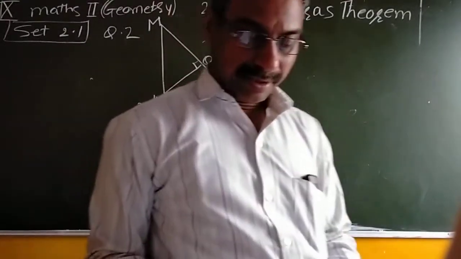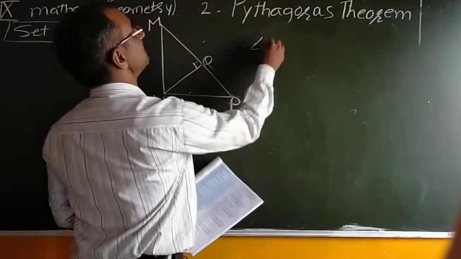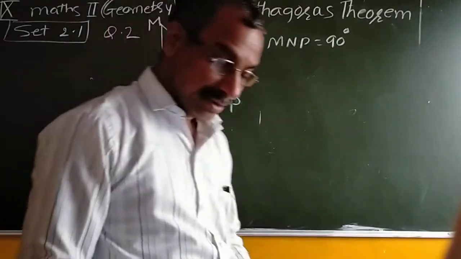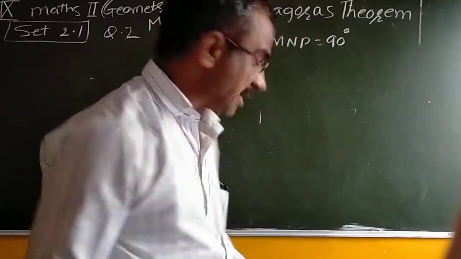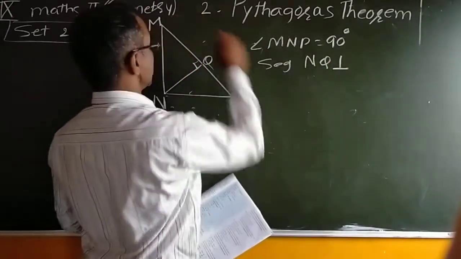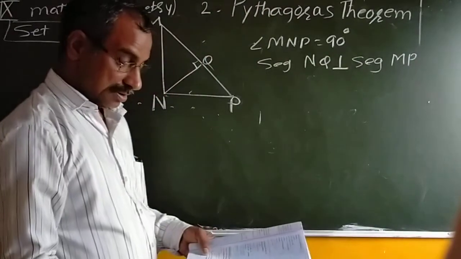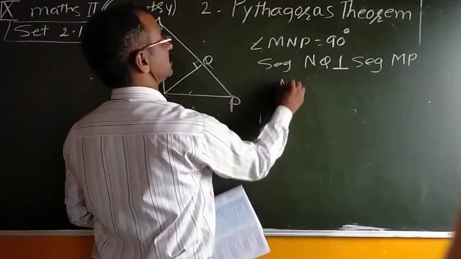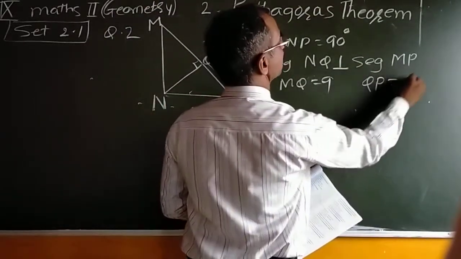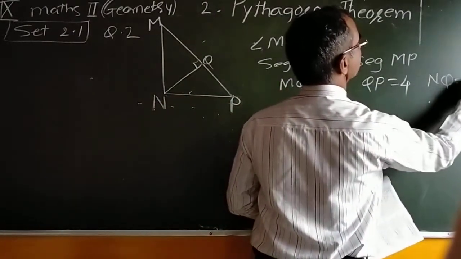In the figure, angle MNP is 90 degrees, means right angle. Then segment NQ is perpendicular to the segment MP, the hypotenuse. Then MQ is given. What is the MQ value given? 9. And QP is given 4. Find out the NQ.